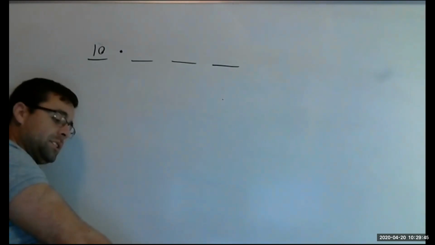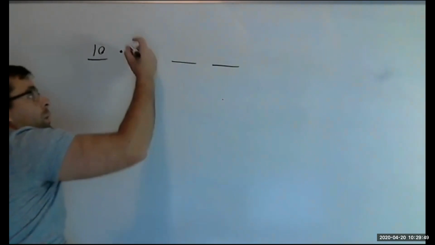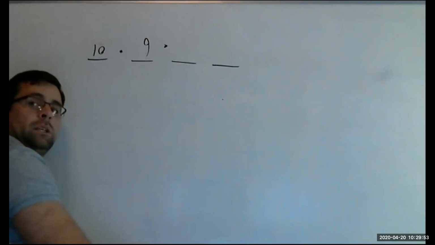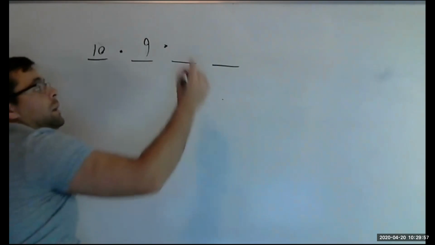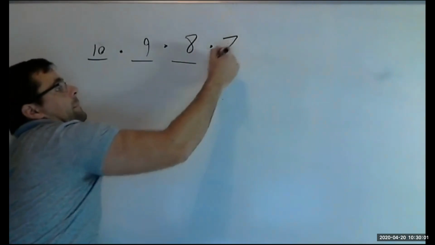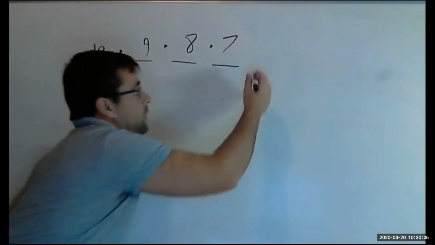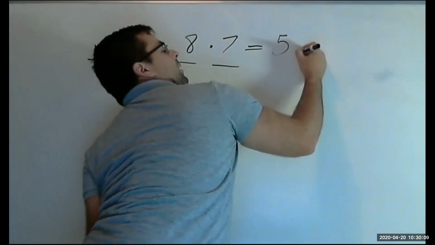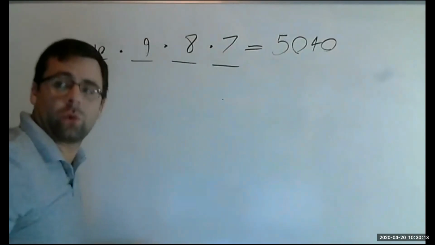What about the second position? 9. Then 8. Then 7. So this turns out to be 5040.